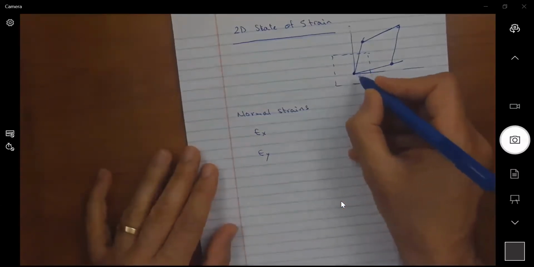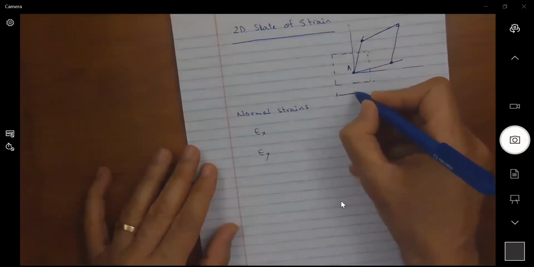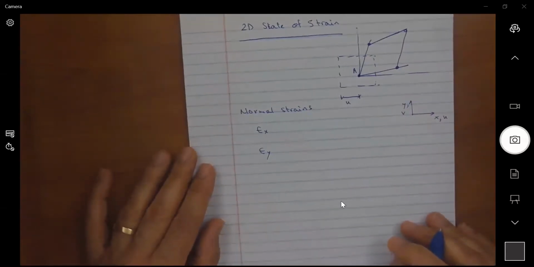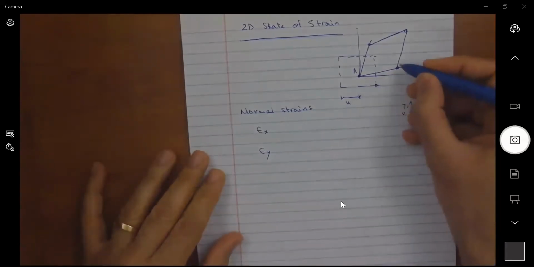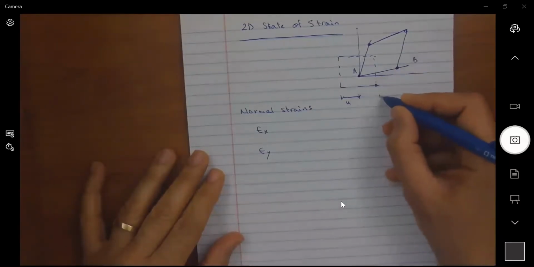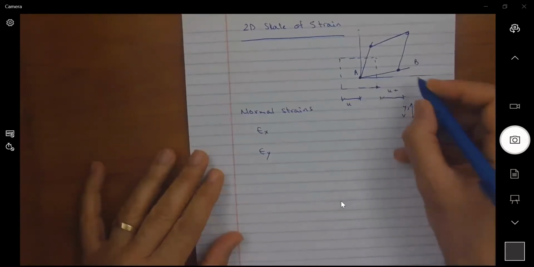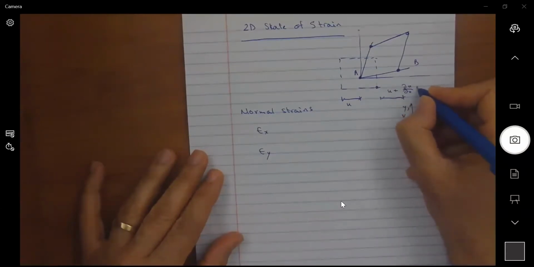So we'll see here that if I call this corner point A, this displaced distance u, if I measure the distance here to B, I see a displacement that will be equal to u plus du by dx times dx along the x-axis.